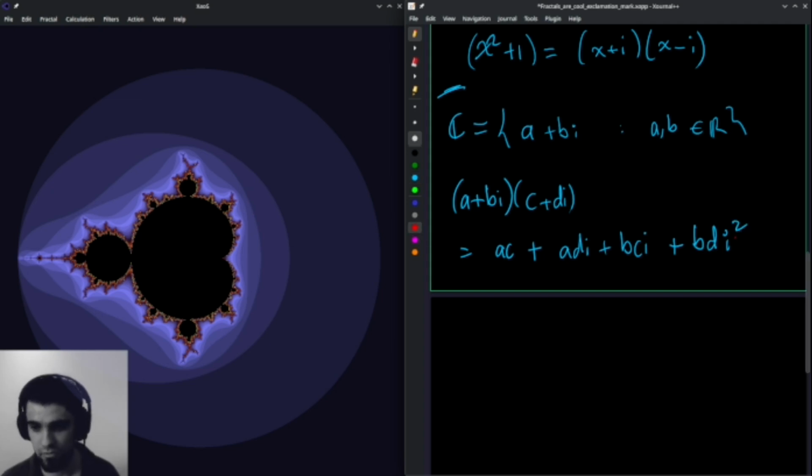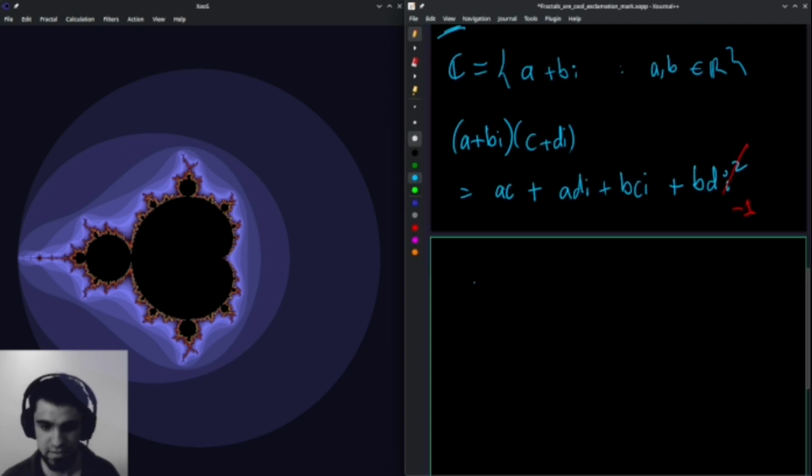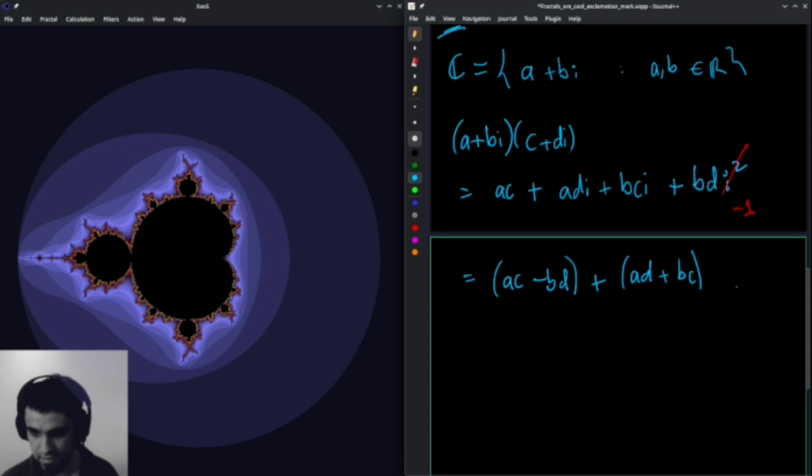But we know that i squared is something that we replace with -1. So this is going to be equal to ac minus bd, because we have this -1 here, plus (ad plus bc)i. We just factorize the i. So if we multiply two complex numbers together, we still have something that is a real number plus a real number times i, so we still have a complex number.